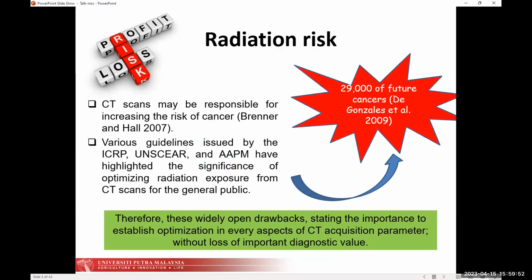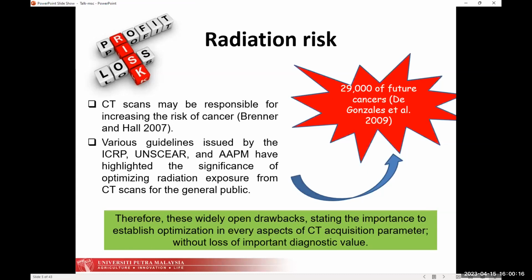And they highlighted the significance of optimizing the radiation exposure from CT scans, especially to the public. What is most important is to ensure these optimizations are controlled by the CT acquisition parameters without degrading the diagnostic value.